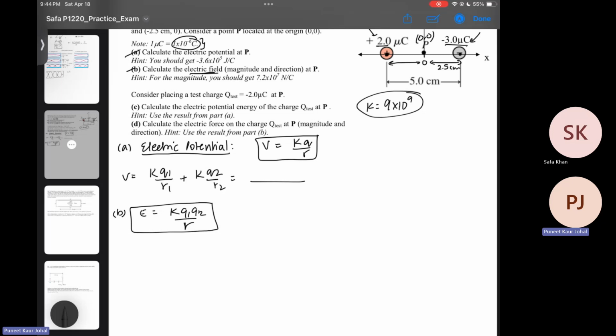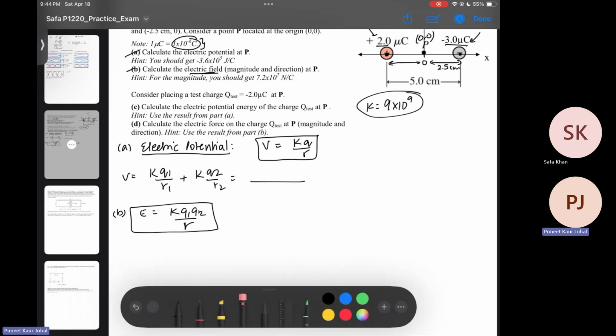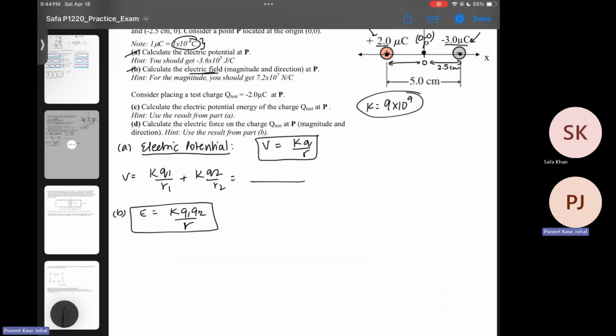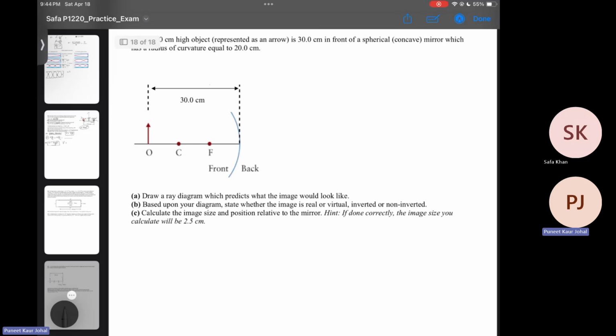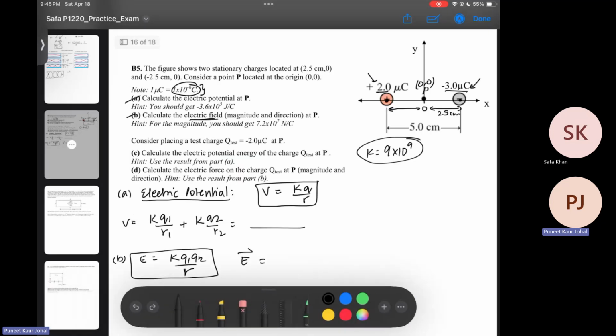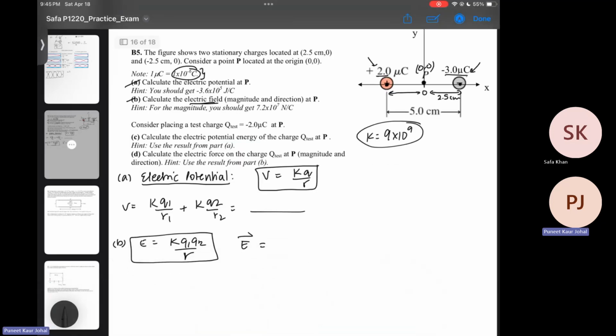For the direction, you just have to look at the sign, like if it's going this way, positive or negative. So you have to look at the signs of the answer and then determine which direction it would be. So notice that electric field is a vector, and electric potential isn't. It's just a scalar.